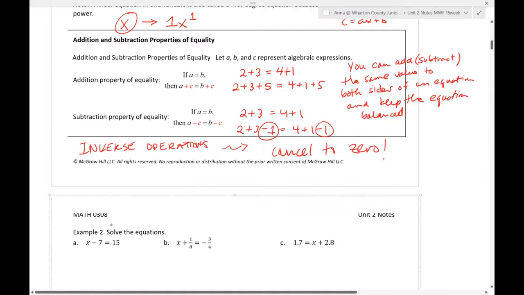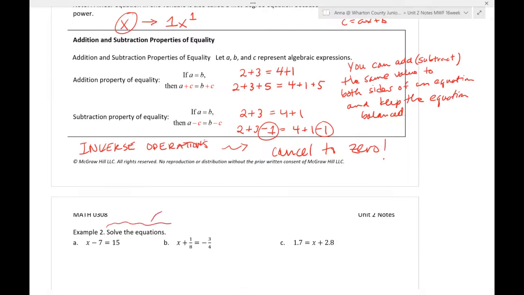When we are asked to solve an equation, what you are trying to do is isolate the variable. To do this, you need to perform the opposite operations, or inverse operations, to undo the addition and subtraction.